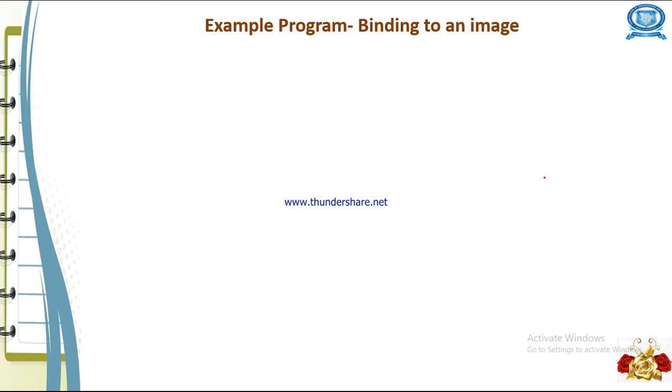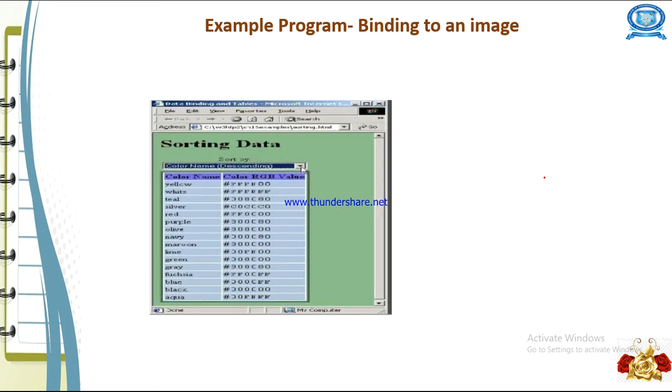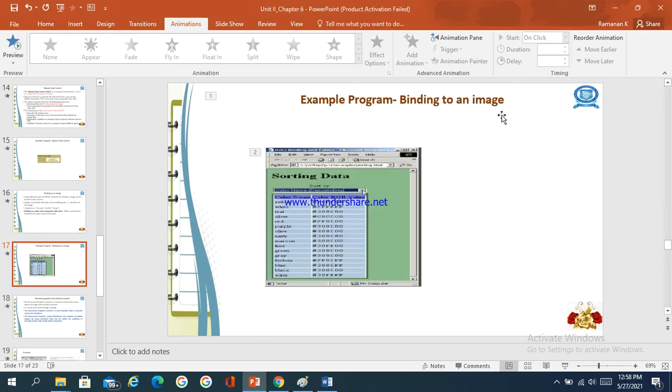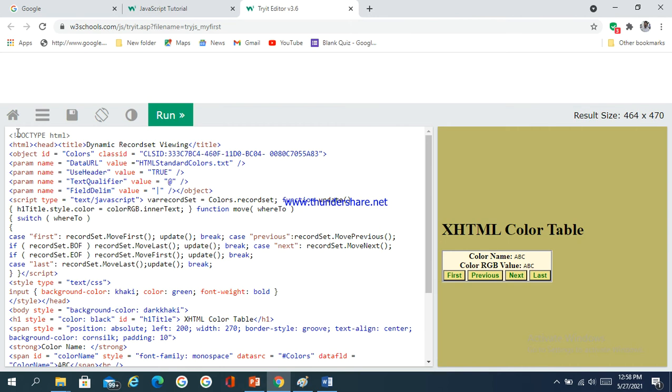I will explain the example program for binding to an image. We see the output of this program, sorting data. I will show the program through the online editor.